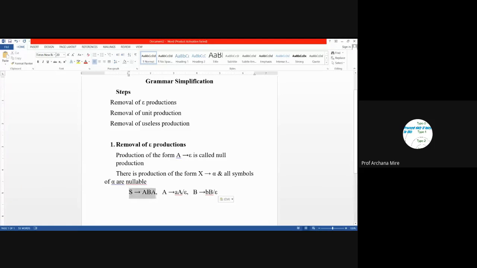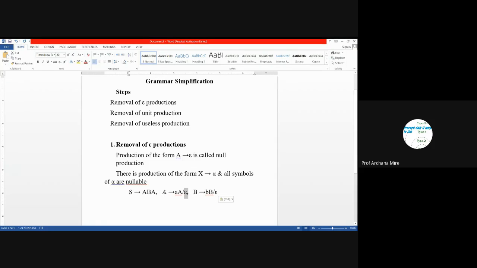So there is a production rule S leading to ABA, a production rule A leading to AA or epsilon, and a production rule B leading to BB or epsilon. First we need to identify those symbols which are directly nullable in the form A leading to epsilon. Here we can observe that there exists a production rule A leading to epsilon.